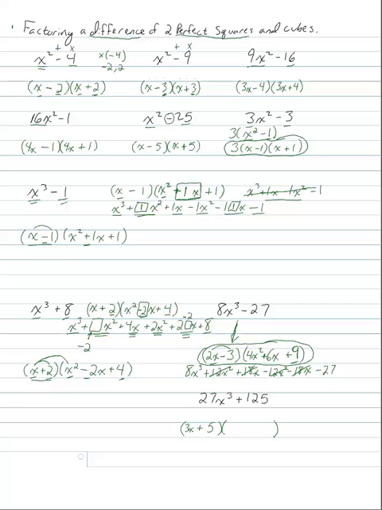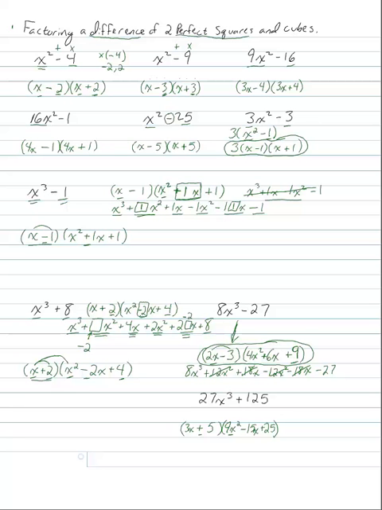Our first term in our trinomial is going to be that 3x squared, so 9x squared. Our last term in our trinomial is going to be that 5 squared, so 25. In our middle term, we're going to have to change the sign, so minus, and then multiply them together, so 15x. So go ahead and distribute it, make sure it works.